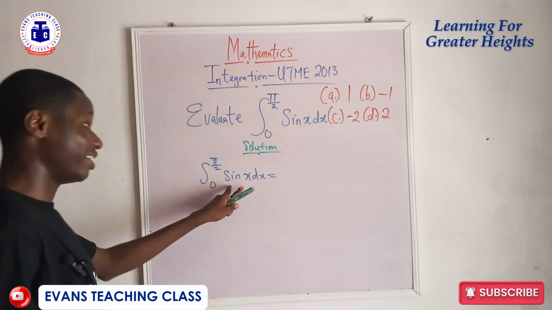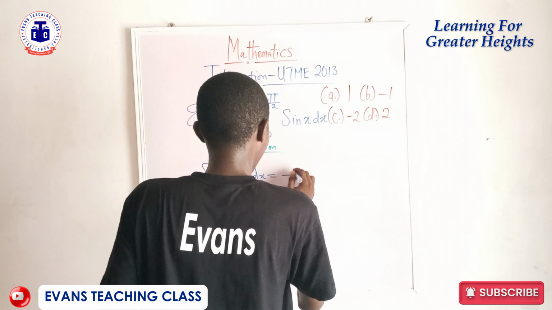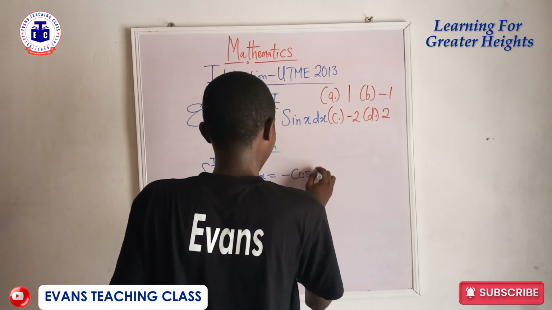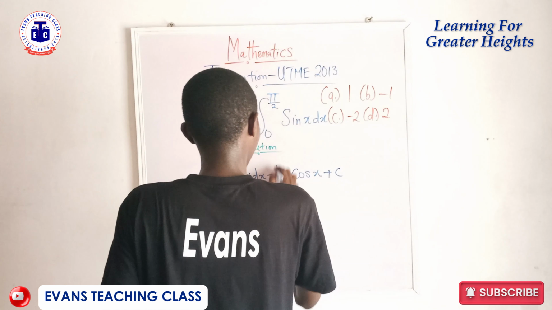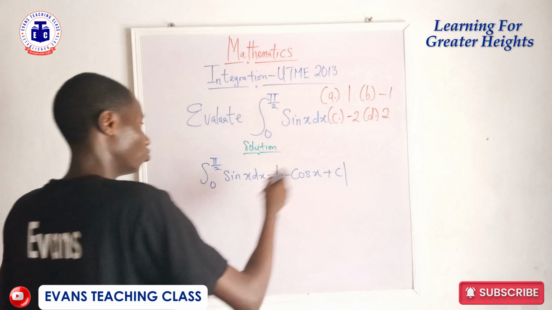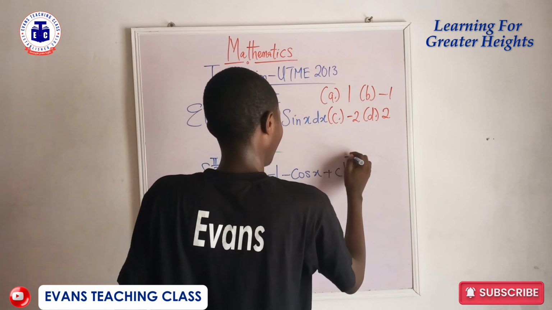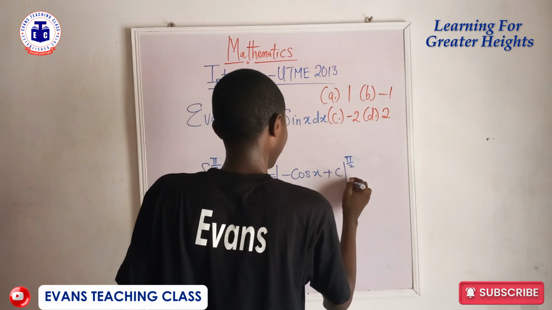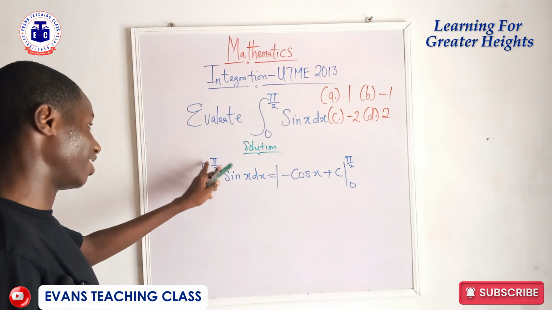So I told you already that when you integrate sin x, you are going to get minus cos x plus c. So c is constant. So you now bring this pi over 2 to this side, pi over 2, then 0. You also put it. This is the integration sign.